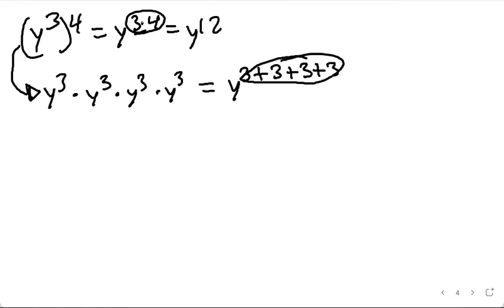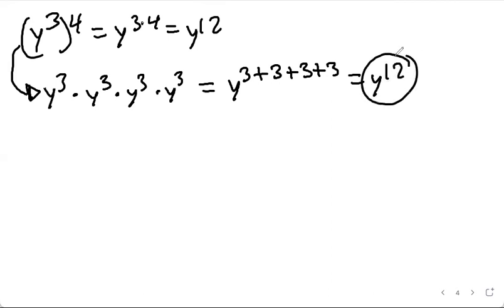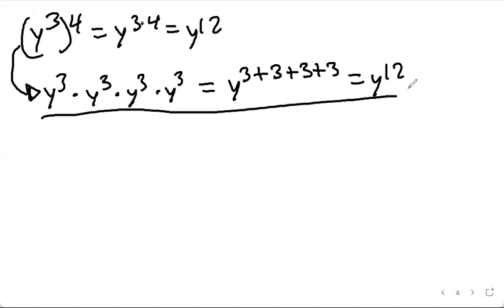If you're adding 4 threes, that's the same thing as 3 times 4. And we get y to the 12th power, which is the answer we got before. So you can see why multiplying the exponents works here. It's a fast way of writing out all the terms and adding up all the exponents. Multiplying the exponents is a super fast way of doing all of this.